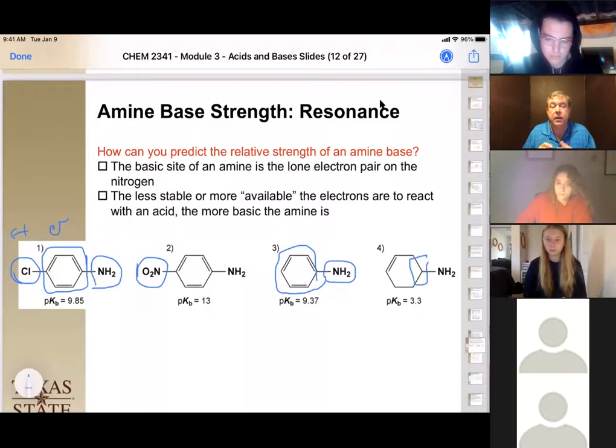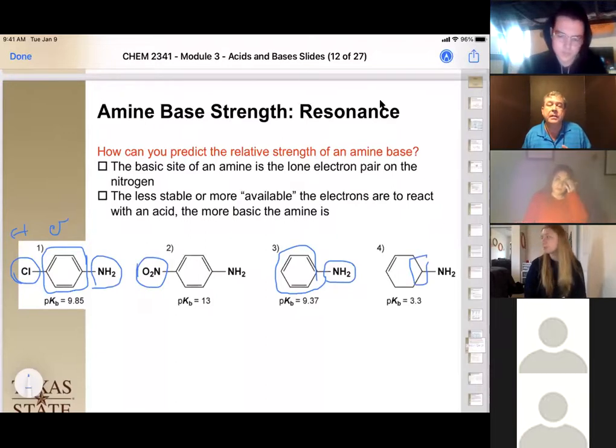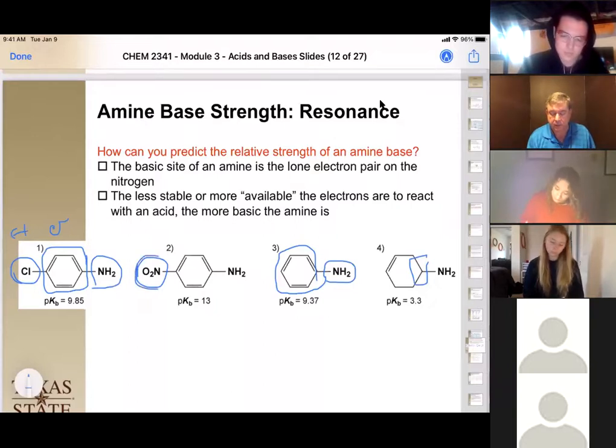stabilized. Okay, so if stabilizing the positive charge increases the basicity, that means we need something that's going to pull electron density away to make that positive charge less positive. In this series, our strongest electron withdrawer is our nitro group.